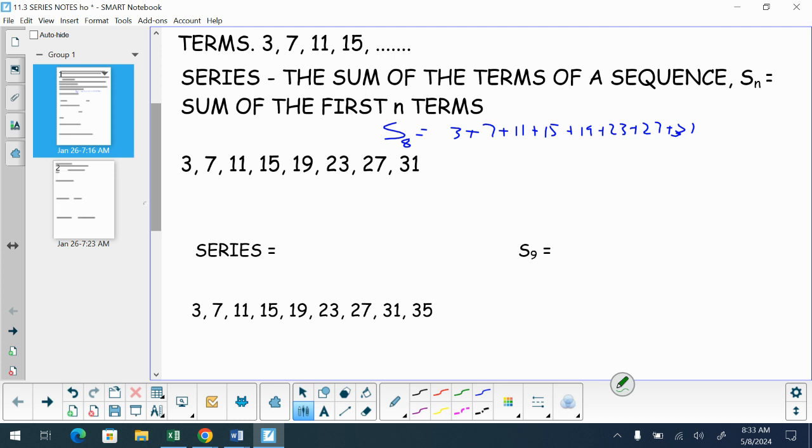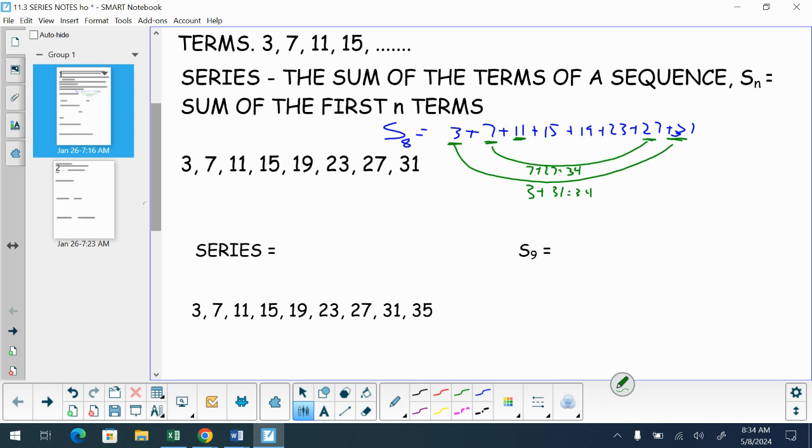Well, what I'm going to look at here is if we take the first and last term and add them together, we would get 3 plus 31, which is 34. If I take the second term and the second to last term and add them together, we would get 7 plus 27, which is 34.